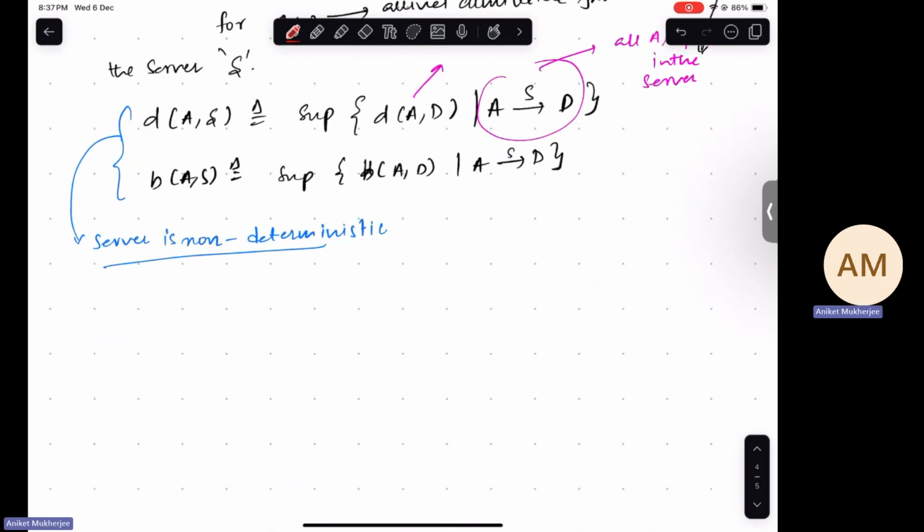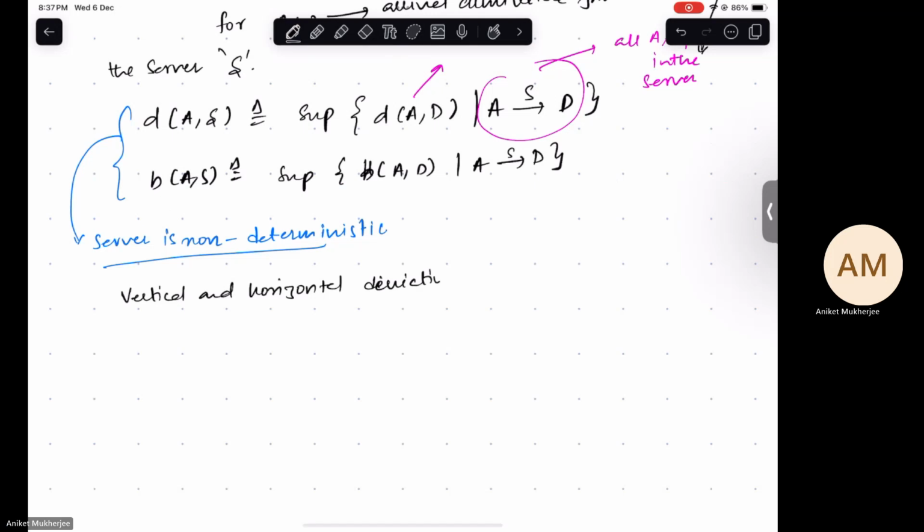So now instead of specifying an arrival cumulative function and a departure cumulative function, you can just define the vertical and horizontal deviation for all possible functions or some class of functions.